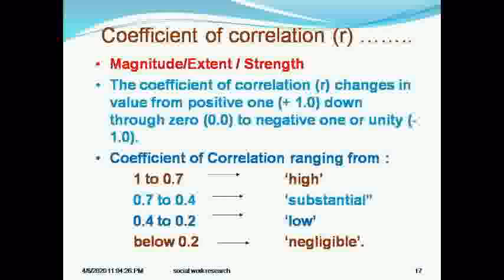For example, income and the crime rate. Higher the income, lower the crime rate. Lower the income, higher the crime rate. But this is just a hypothesis. It may not be true everywhere. Just for example, I have mentioned this.